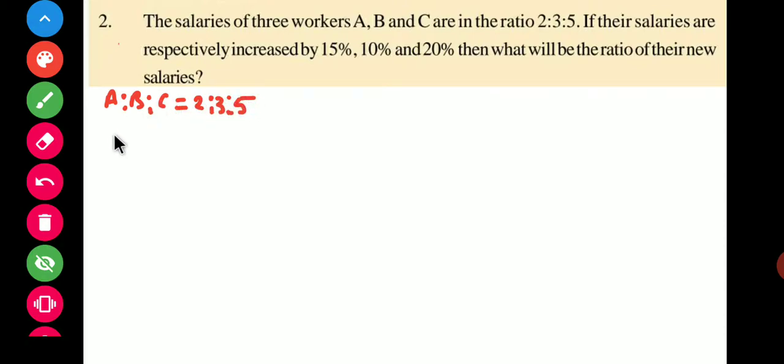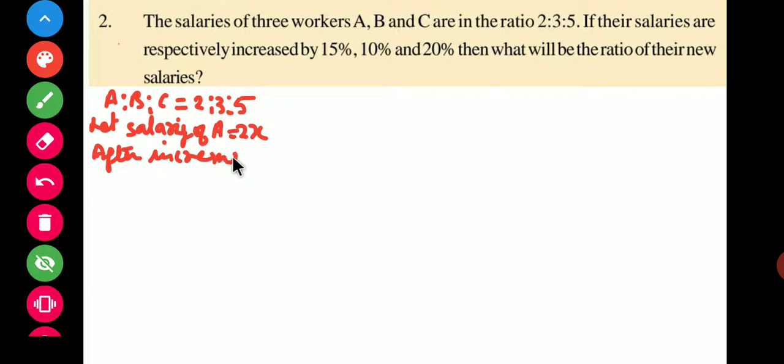So what will happen in this? Let the salary of A be equal to 2x, and after increment it is 2x plus 2x into 15%, so 15 upon 100.